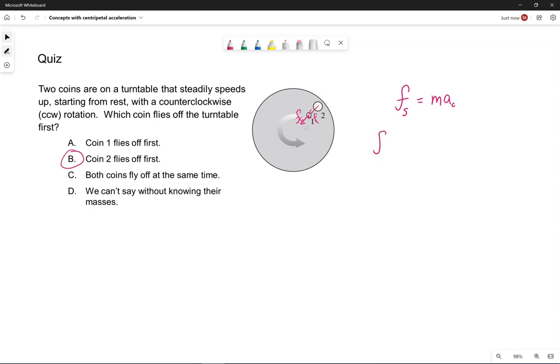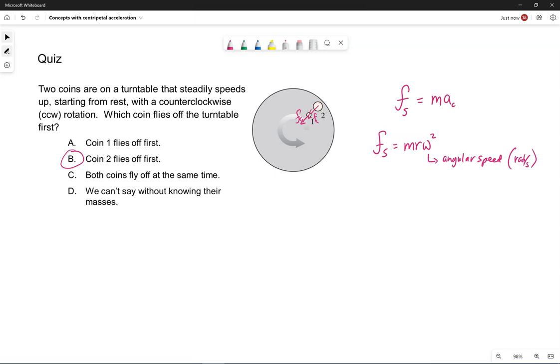Let's do the r times omega squared. The reason I'm choosing omega, so again, omega is the angular speed. It's the radians per second the turntable is moving through during this problem at any given moment. The reason I'm going to write omega is because I know omega is the same for coin 1 and coin 2.